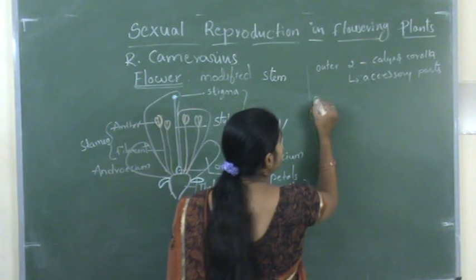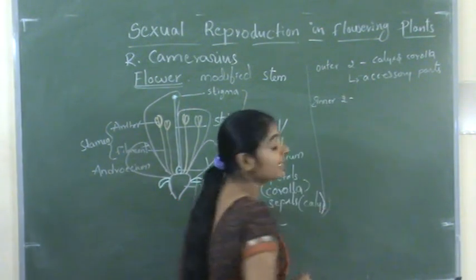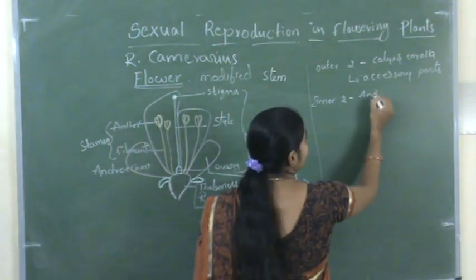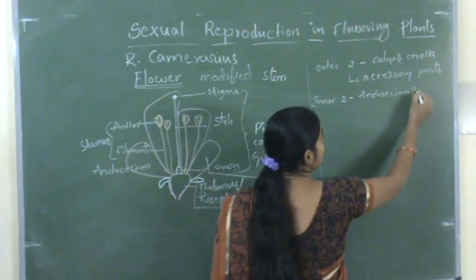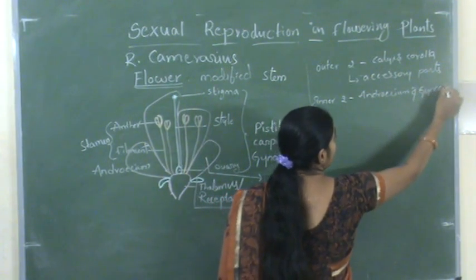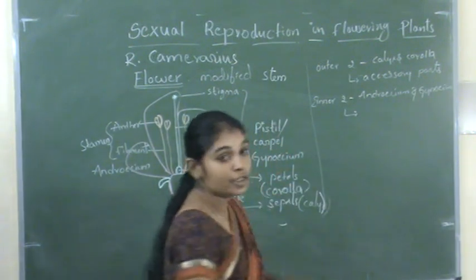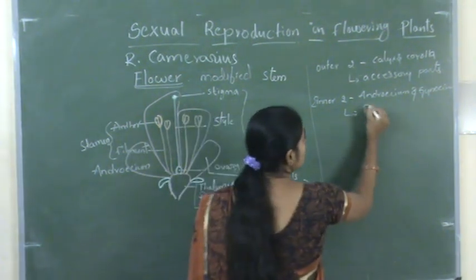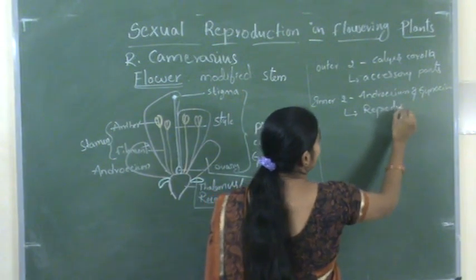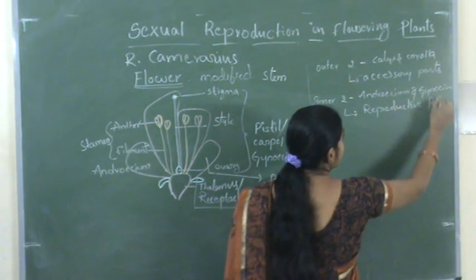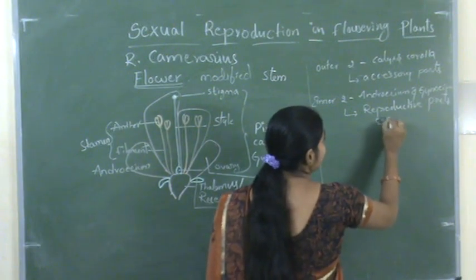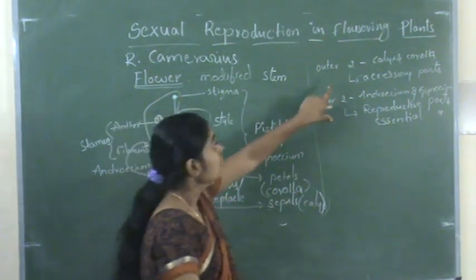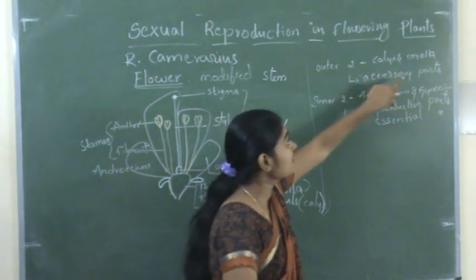And the inner 2 whorls, androecium and gynoecium, are known as reproductive parts or essential parts.